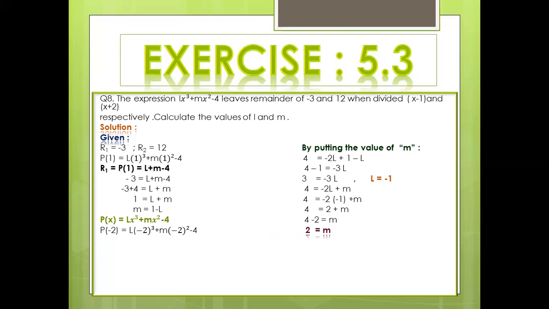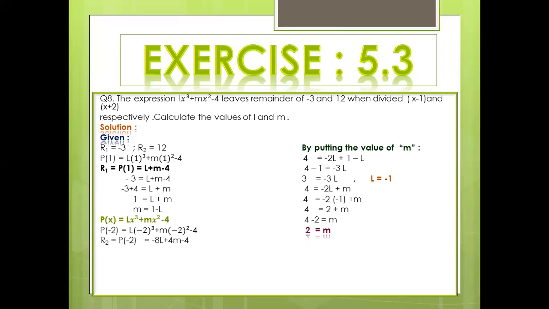L into 1 cube plus m into 1 square minus 4. 1 cube is 1 and 1 square also is 1. So L plus m minus 4. But in the question, the first remainder R1 is minus 3. So we put minus 3 is equal to L plus m minus 4. Shift minus 4 to the other side.